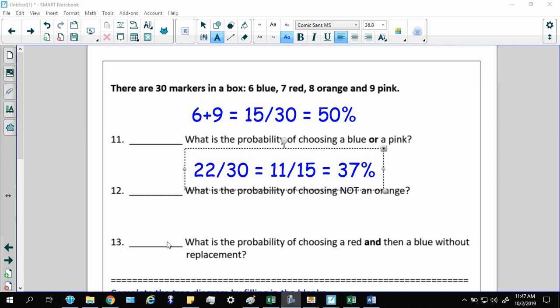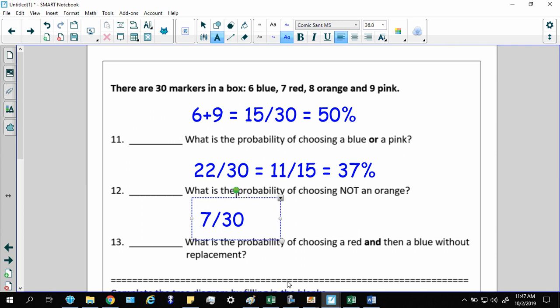All right, our last question: what is the probability of choosing a red and then a blue without replacement? If I pick a red, that would be 7 out of 30. Then my next fraction would be a blue, which there's 6 blue, but then there's 29 markers, because when I pulled that red marker, I never brought it back. So that means there's only 29 in the box.